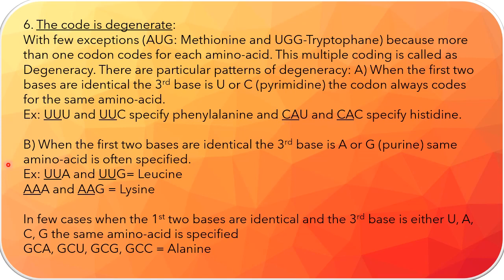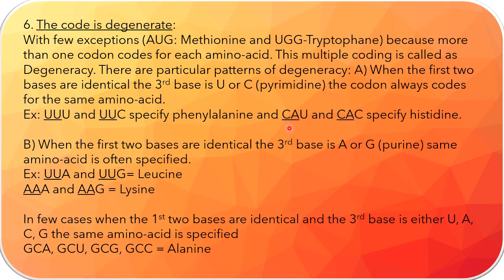Same in case of UUU and UUC. You can see the first two bases are identical in both of these codes, that is UU in this and UU in this. Just the third nucleotide is different, that is uracil in the first and cytosine in the second. And that's the reason why they specify phenylalanine.